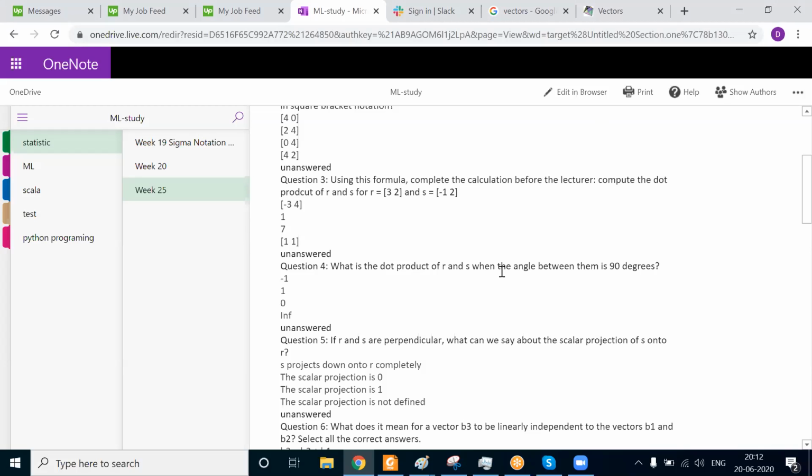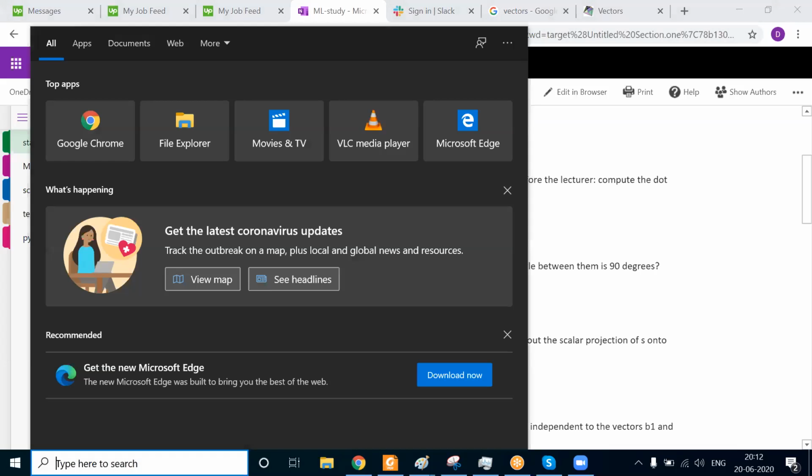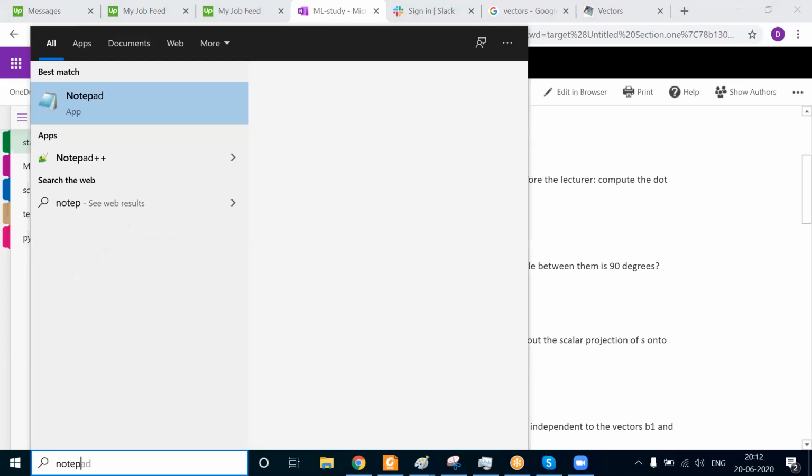Can you try this? Okay, so how do you do the dot product of vectors that don't have the same dimension? Let me see if you have a notepad.